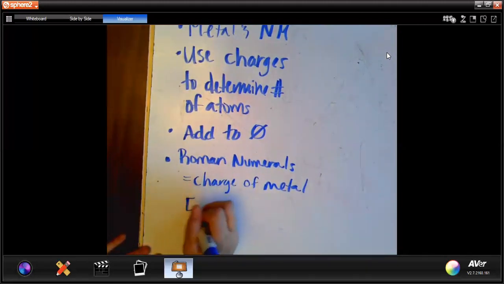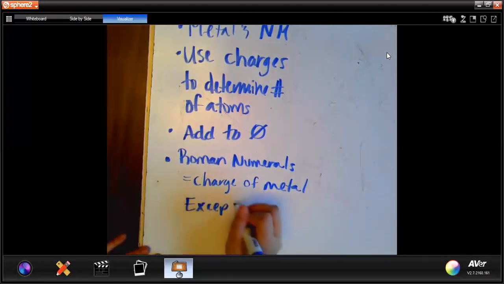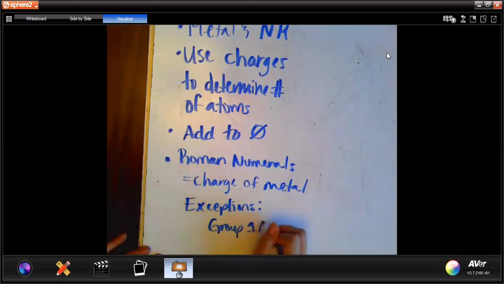So the exceptions are group 1A, 2A, and 3A. And then zinc and silver. Okay, these do not get any Roman numerals.